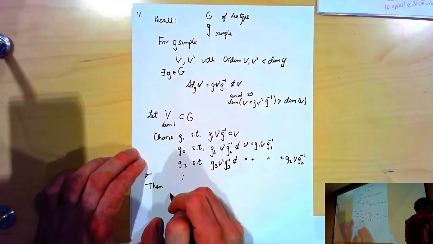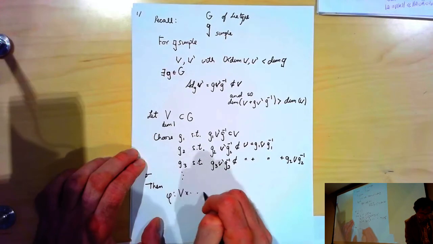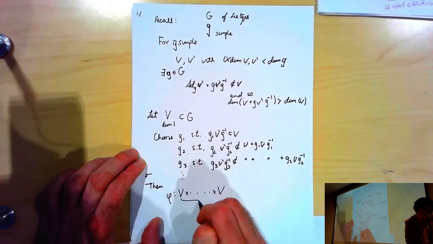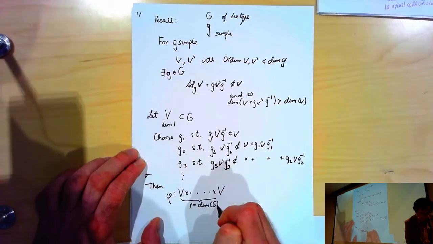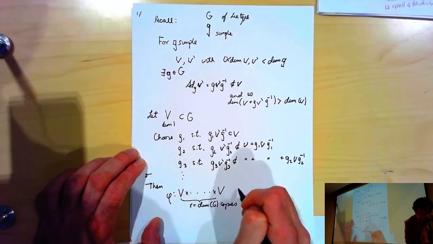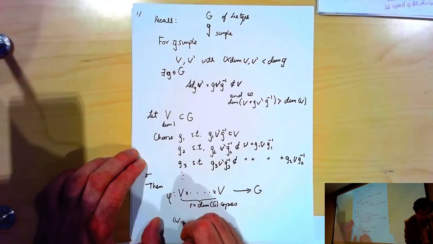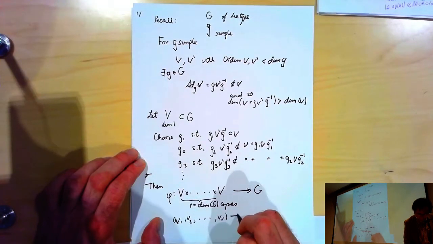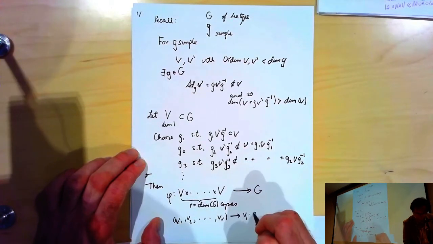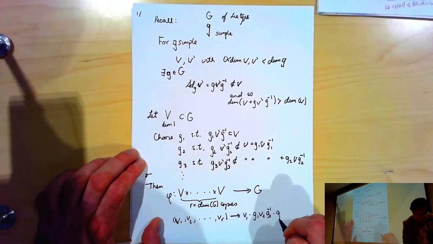We obtain then that phi from V, here are R copies, to G. Well, the map here given by this vector gets sent to v1 times a conjugate here, and so on.